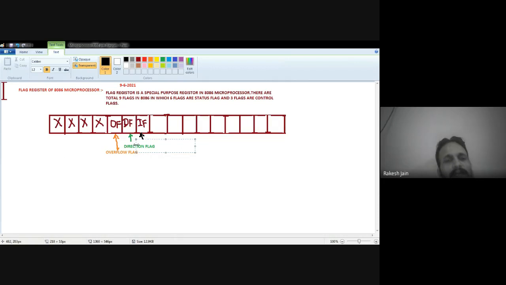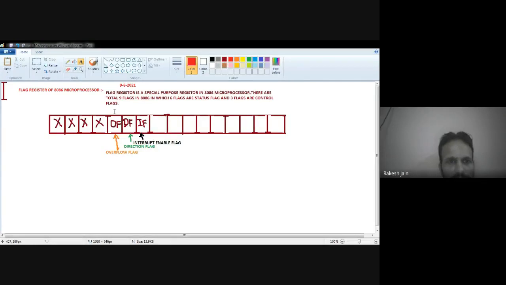These three are in the category of control flags.